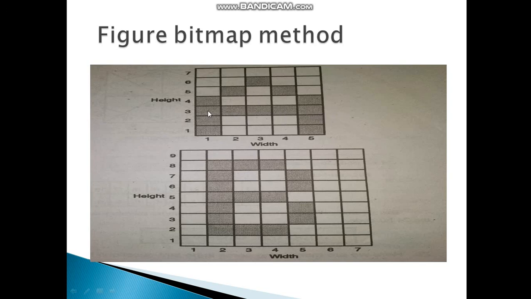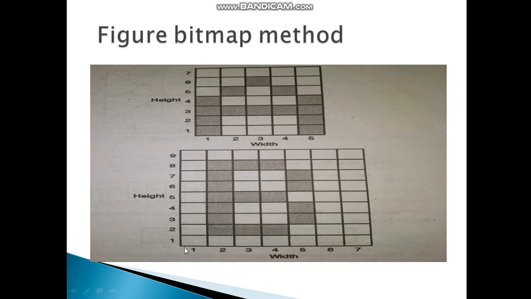So in a bitmap method, instead of this single pixel, we can use a double pixel. So by using a double pixel, the character font is in bold font. Okay, then here is the B character.